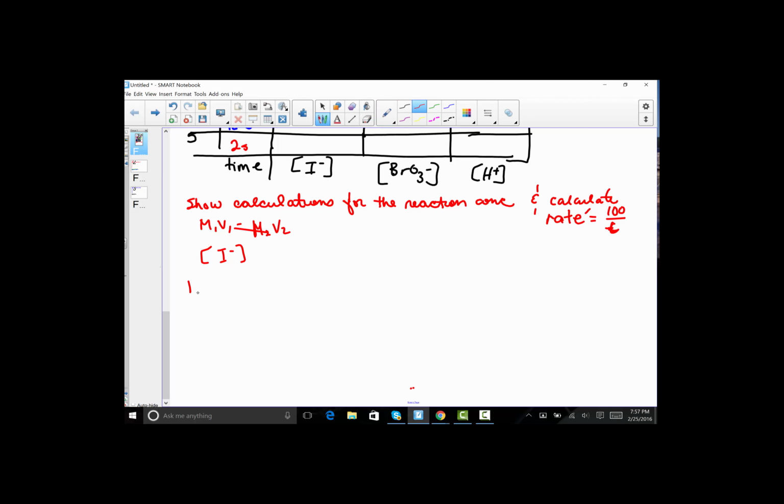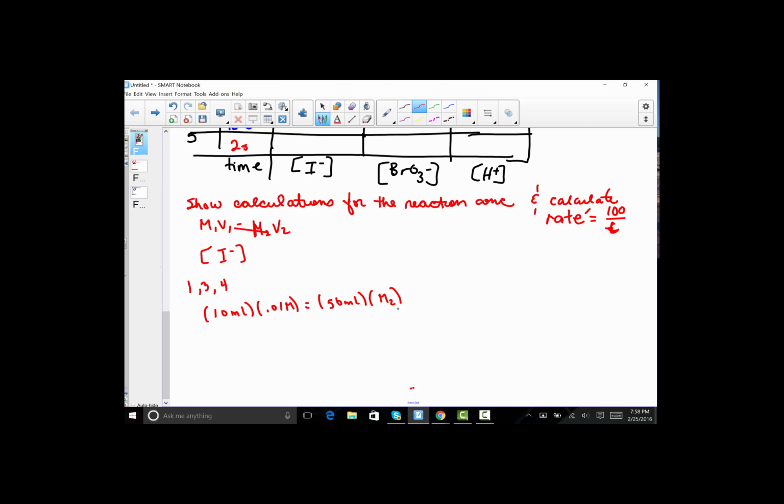In trial 1 and in trial 3 and in trial 4, for the iodide, we measured out 10 milliliters of a 0.01 molar solution, but we diluted it to a new volume of 50 milliliters. What is the resulting concentration?